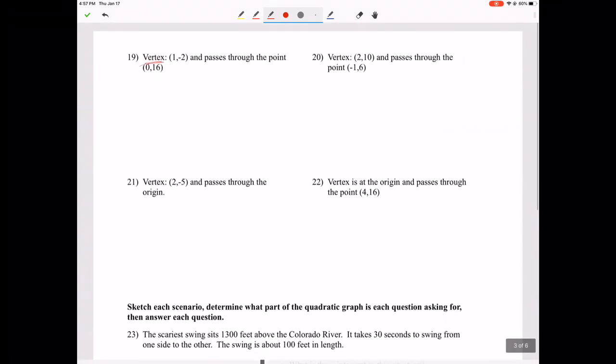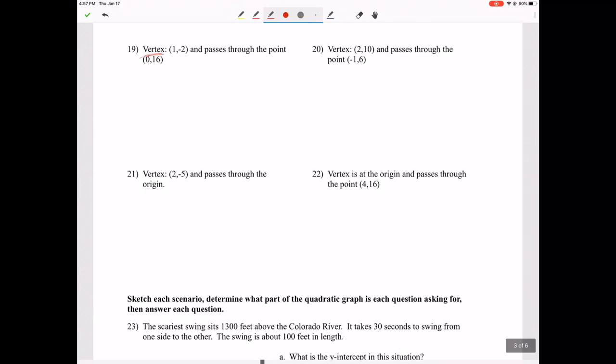Okay, vertex form. If we are given a vertex, we need to know what the vertex form is. You'll need to make sure you have it memorized. For our vertex, this is our h, this is our k. You will plug it in.